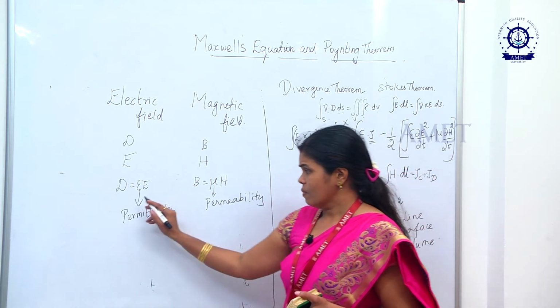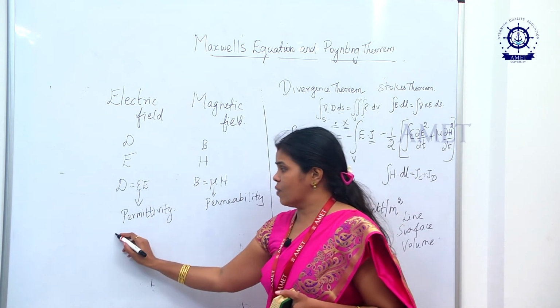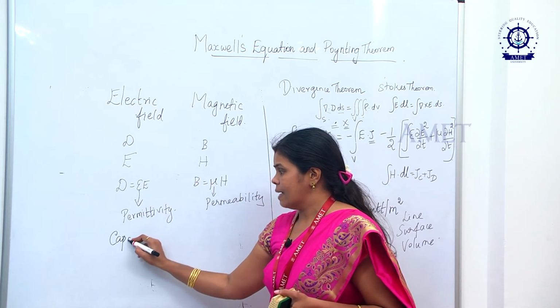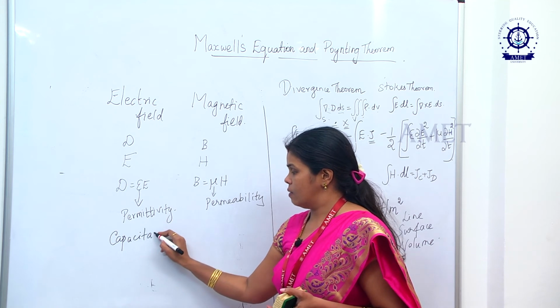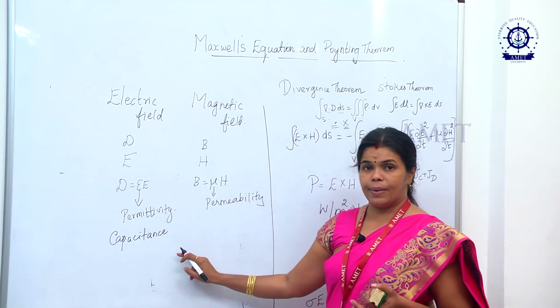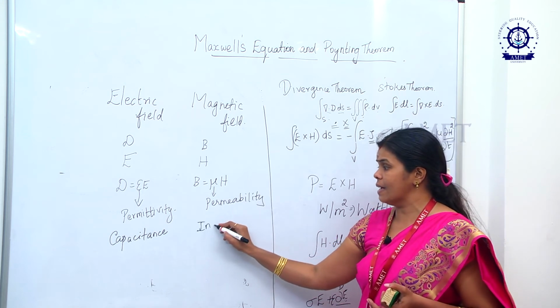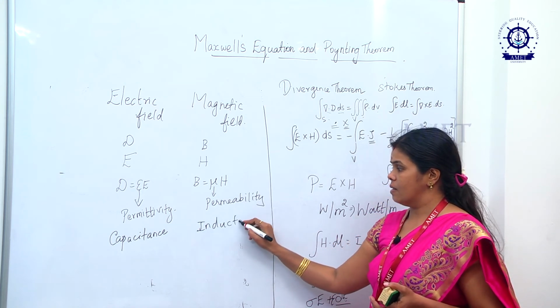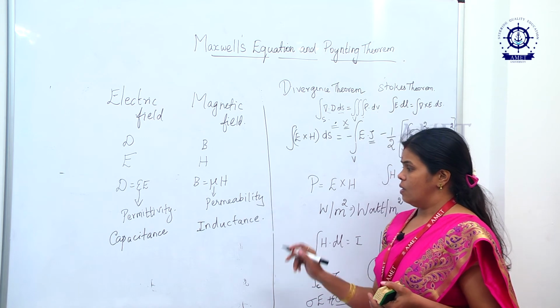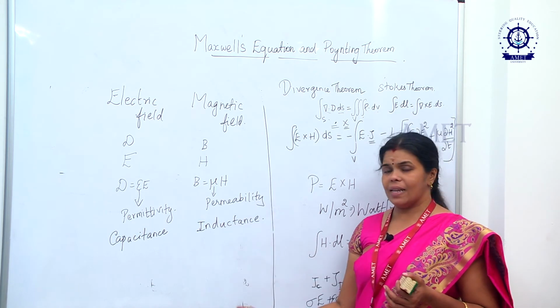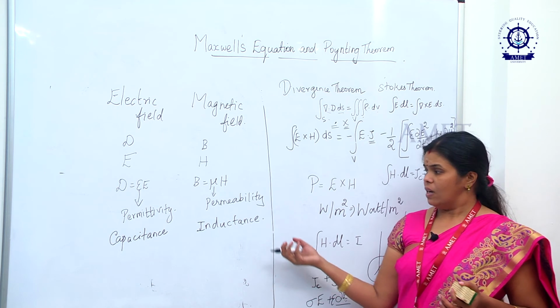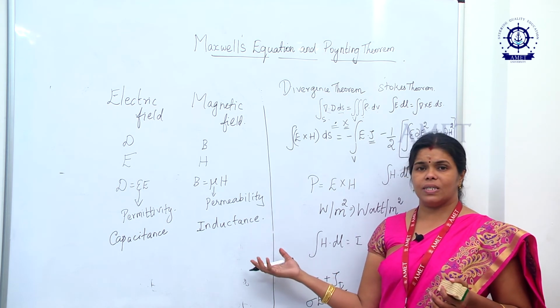Then if you are having the electric field, the effect related is the capacitance. If you are using the magnetic field, the effect related is the inductance. Here we can derive the equations for inductance for any object, such as a long transmission line.